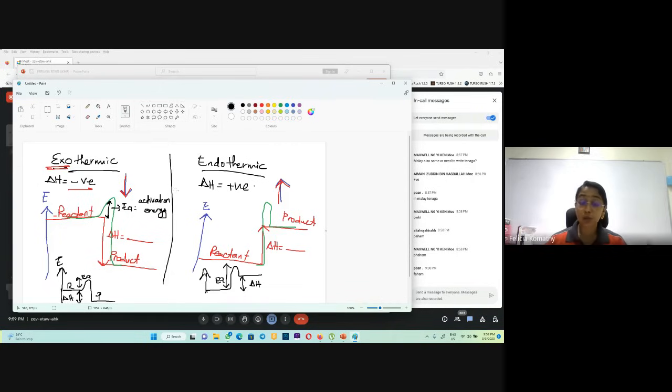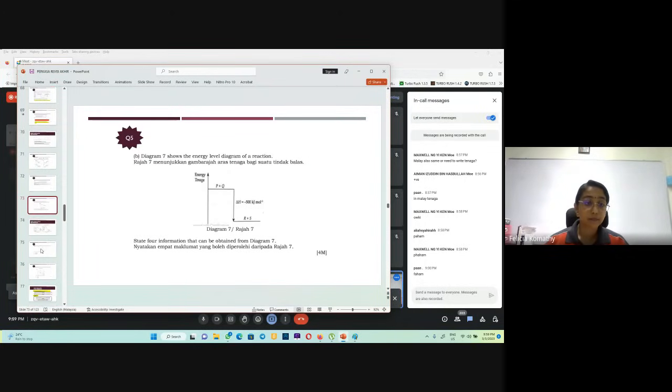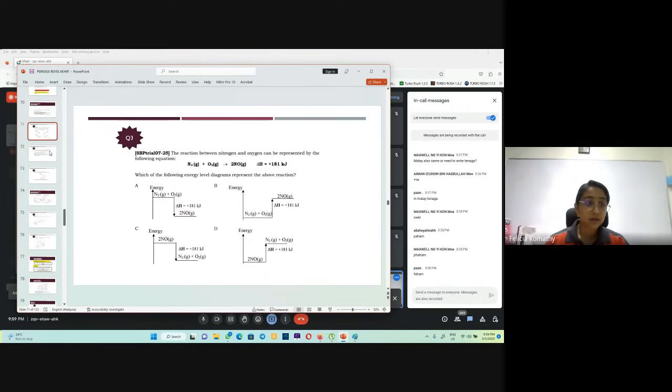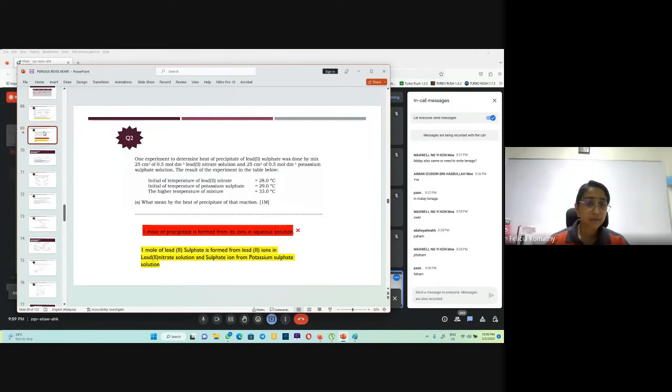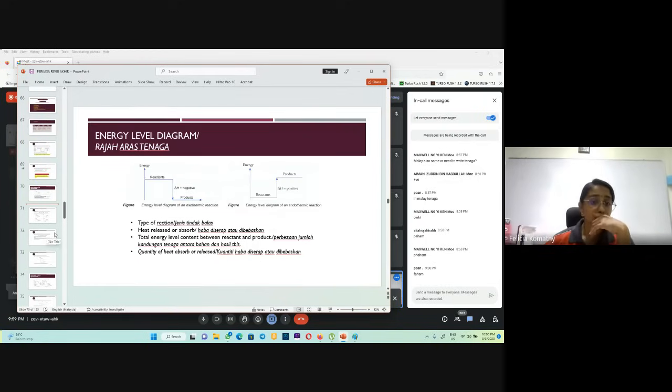You should be able to draw, and you should be able to calculate the activation energy and heat of reaction. And then you should be able to differentiate. If they ask you to differentiate between two energy level diagrams, these are the points you have to consider.